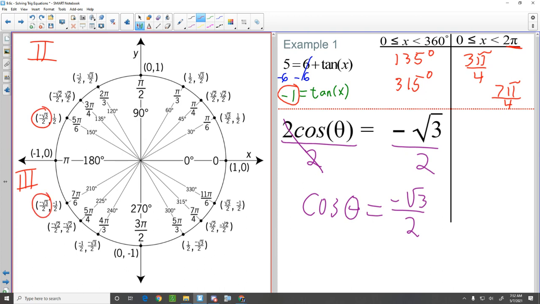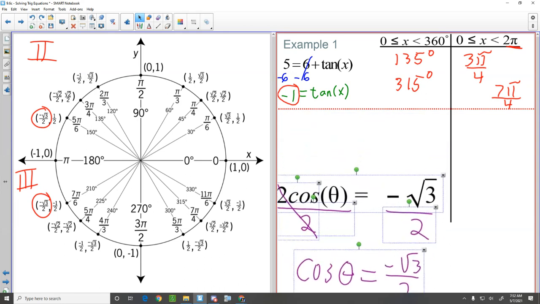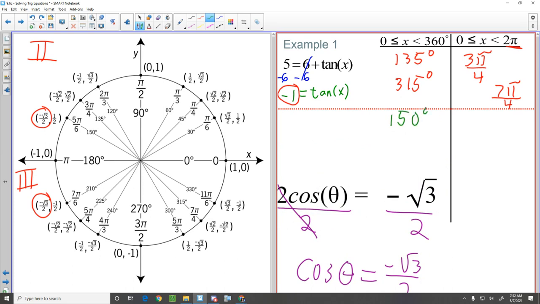And so then my solutions, in degrees, we've got 150 degrees or 210 degrees, and then the equivalent radians would be 5 pi over 6 and 7 pi over 6.